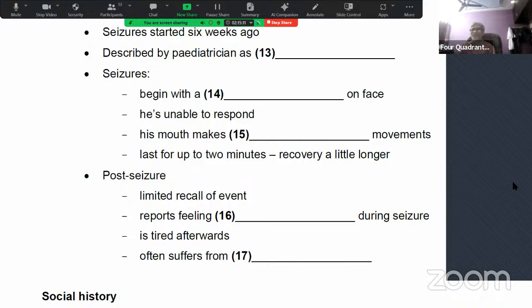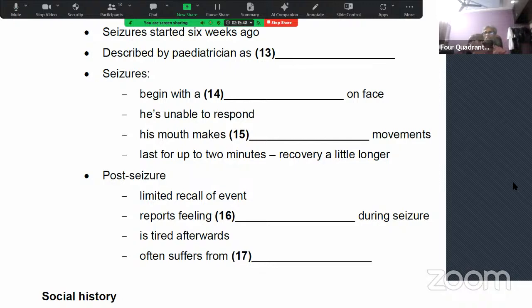So next one, Q17, Keval. Often suffers from dash, post seizure. Often suffers from dash. Come on. Speed up. Often suffers from fatigue. Yeah. Loss of consciousness, fatigue.